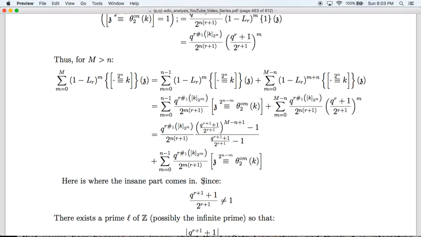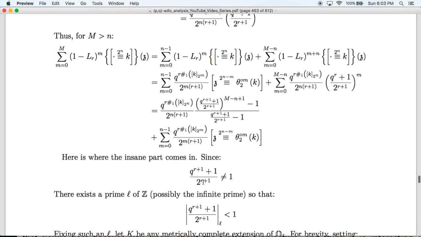So, here's where the fun part comes in, or insane, depending on your definition of fun. Since q to the r plus 1 over 2 to the r plus 1 is not equal to 1, it's a rational number not equal to 1, and technically I should say that this is not equal to negative 1, but that's irrelevant here because q is positive.